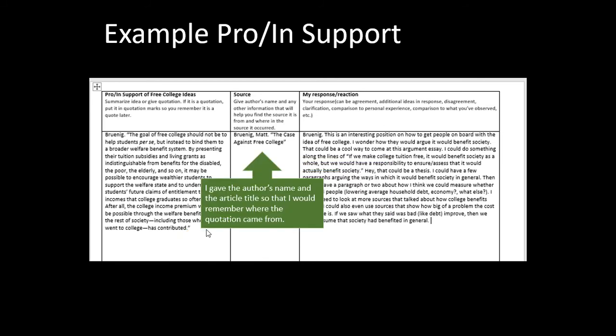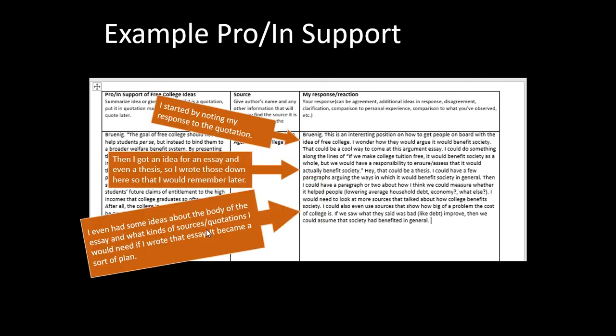Okay, and then in the middle, I gave the author's name and the title of the article so I would remember it later. And then my response and reaction, it evolved as I was writing it. So I had some different moves going on here. I started by noting my response to the quotation. I found it interesting.